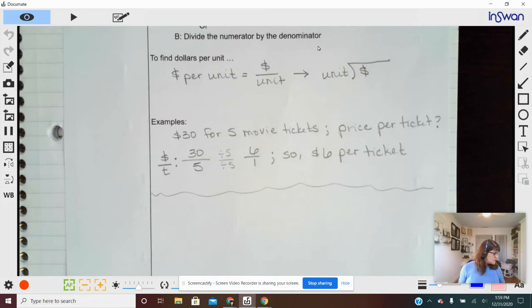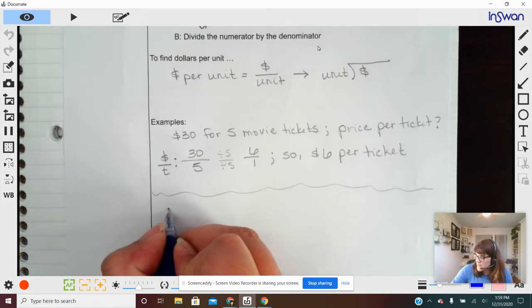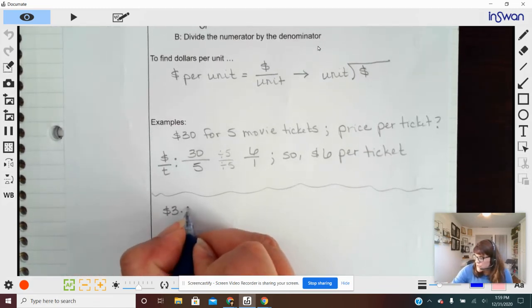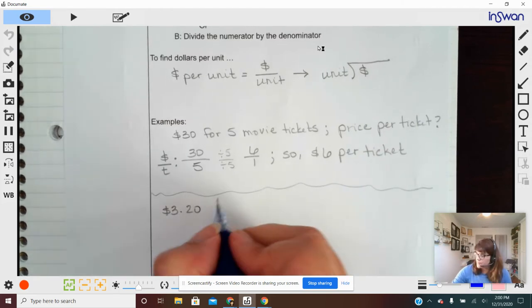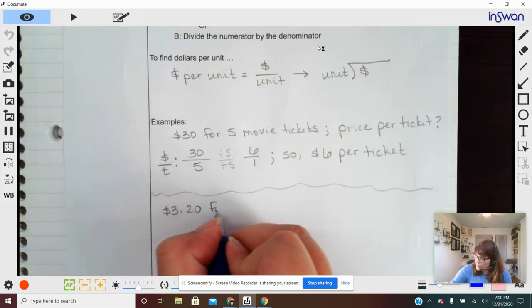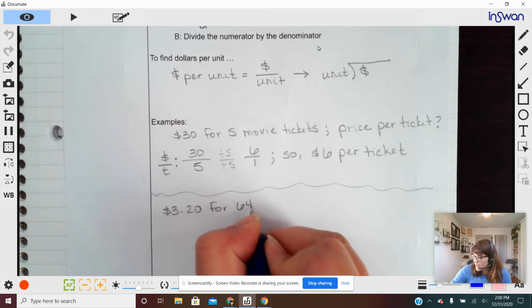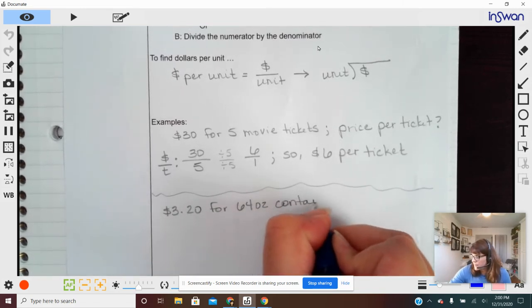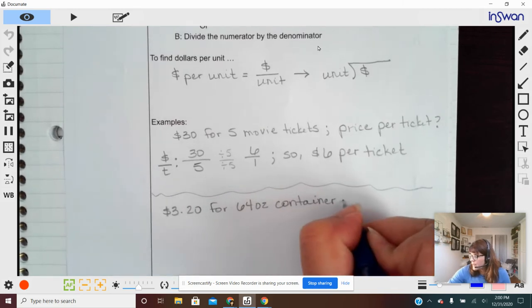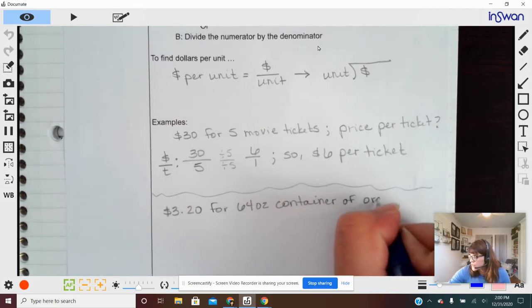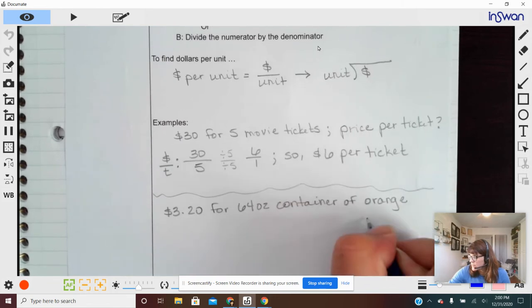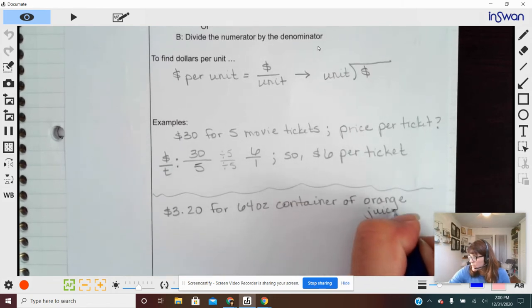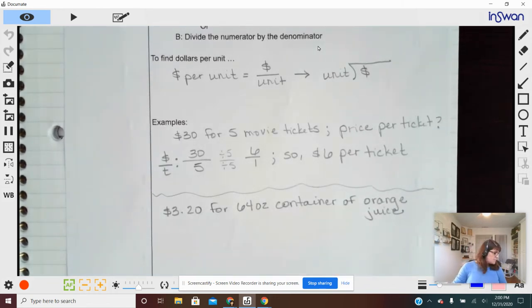But in this case, it costs $3.20 for a 64-ounce container of orange juice. Please write this down. This is on page 371 in your book.